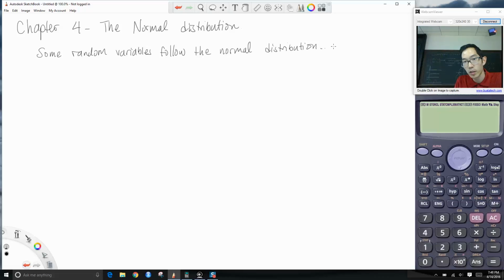The normal distribution pops up a lot in nature, so we see this quite frequently in nature and populations.